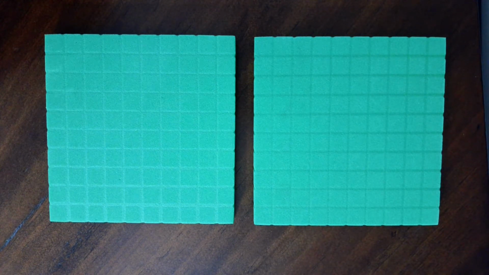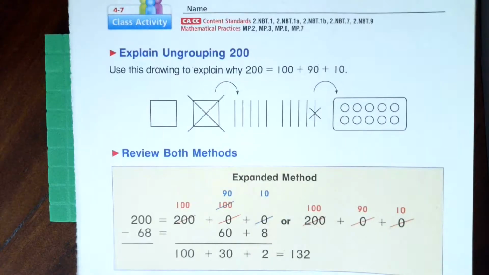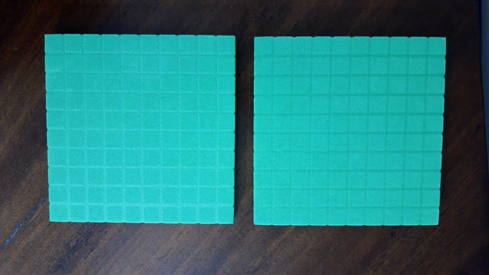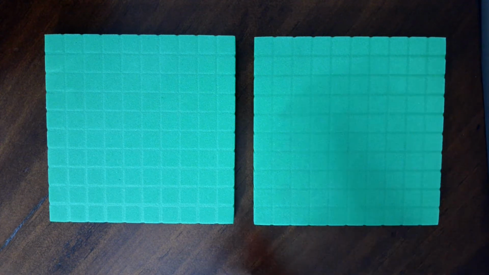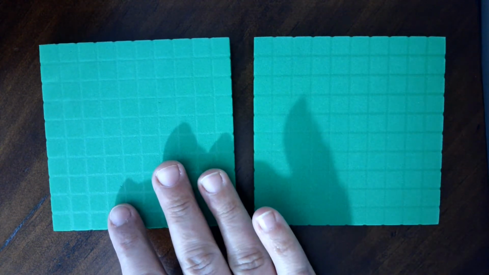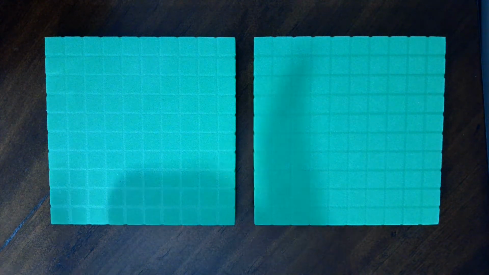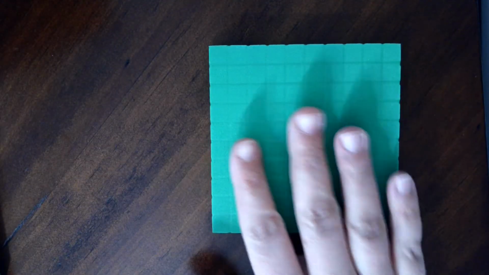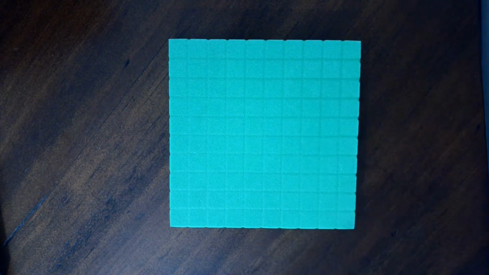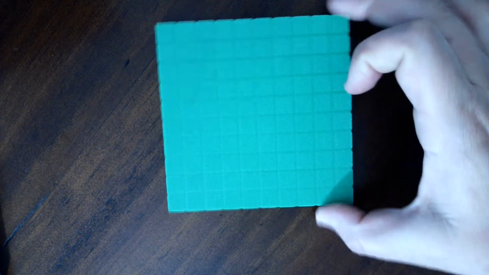If you want to follow along, I am using page 177. It looks like this. Okay? So first of all, when we have our base 10 blocks, we know that each of these is worth 100. Before we talk about subtracting, do you remember when we started with just a hundreds block and I could exchange it for 10 tens?